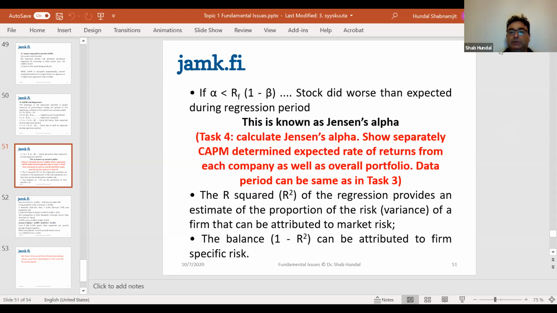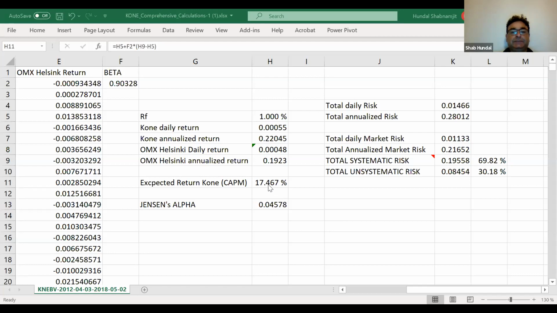Let's go to this spreadsheet again, which we were looking at. So I'm back at Kone, and you can see that this is the expected return from Kone. The minimum return which Kone must generate is 17.467%.